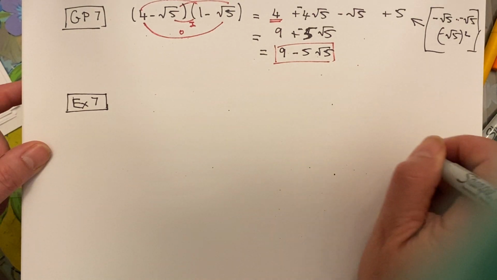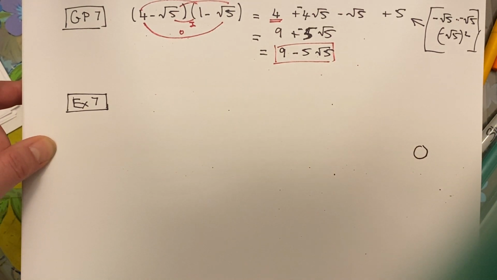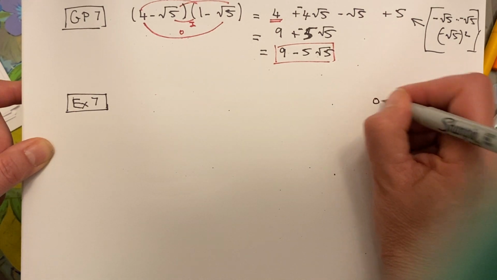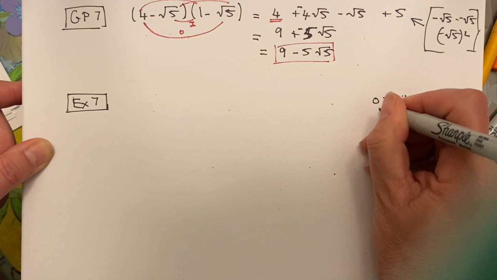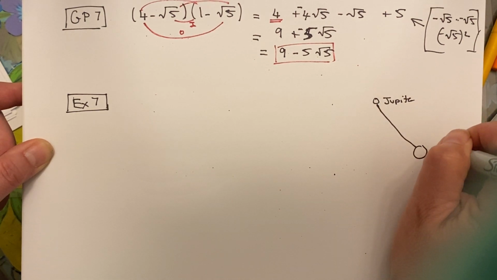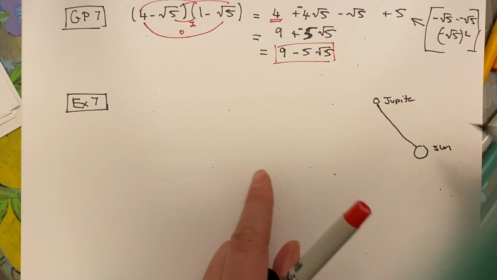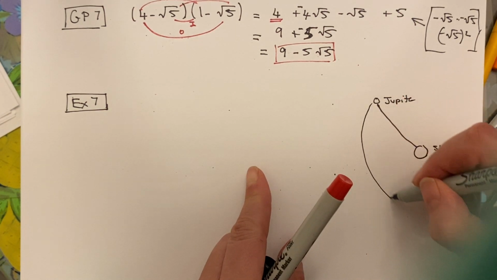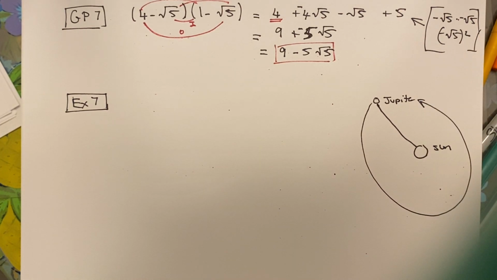So the drawings in the picture, here's the sun, and they're talking about Jupiter, so here's Jupiter. That's the distance, and here's the sun. And the orbital period of a planet is how long it takes it to go around the sun.